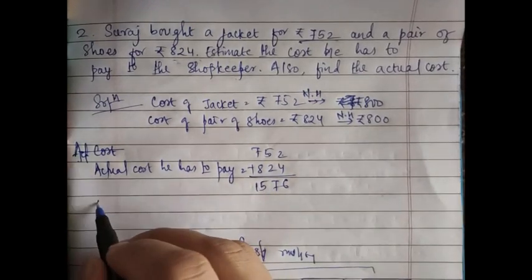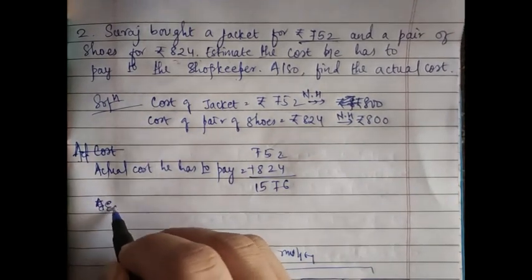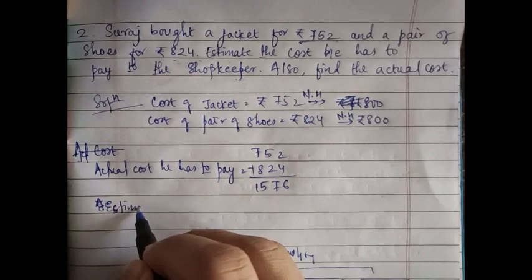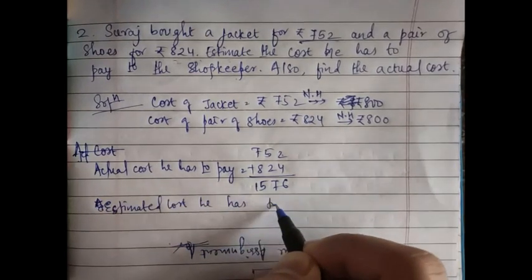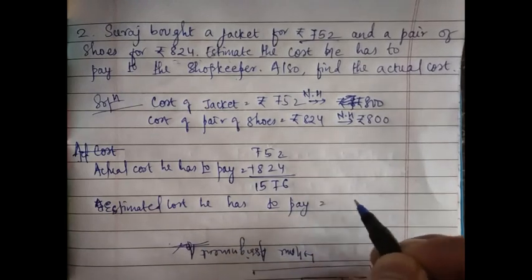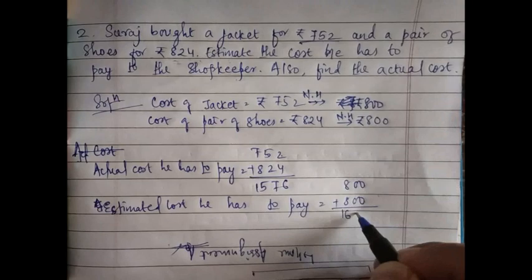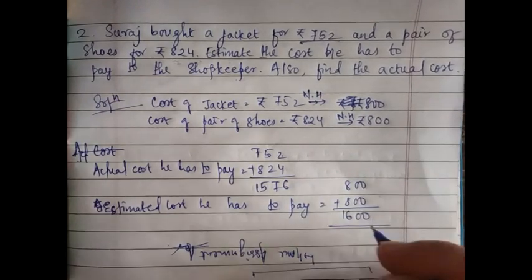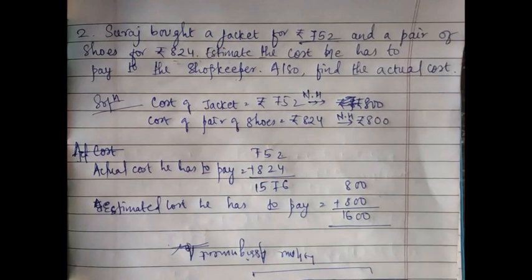Similarly, you have to find the estimate also. Estimated cost he has to pay is equal to 800 plus 800, it is 1600. So the estimated cost is 1600 and the actual cost is 1576.